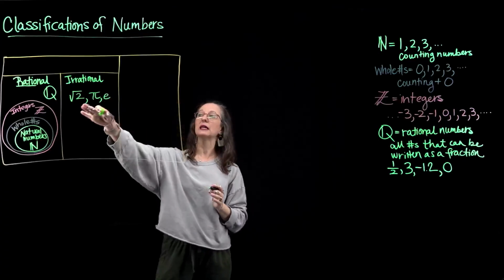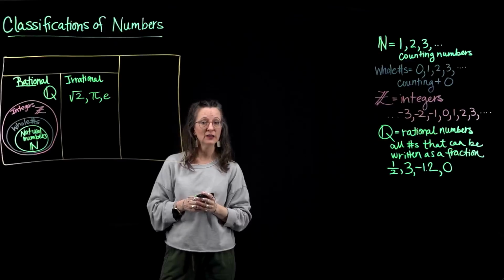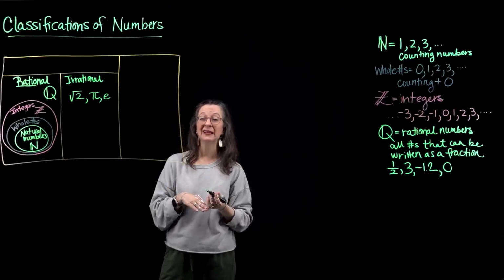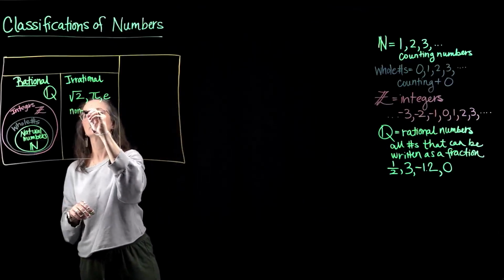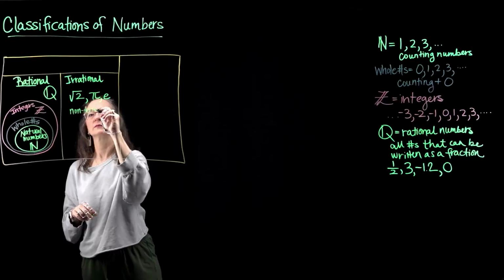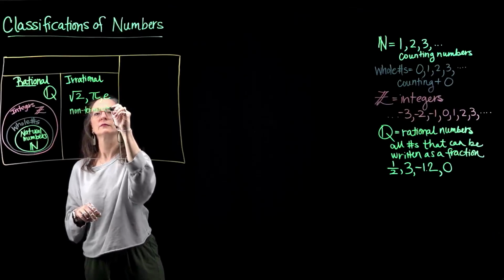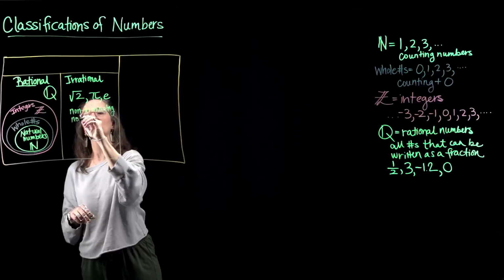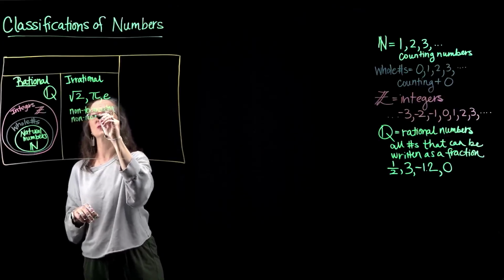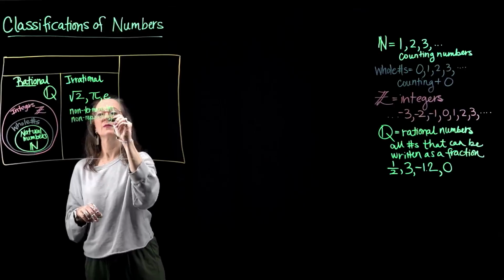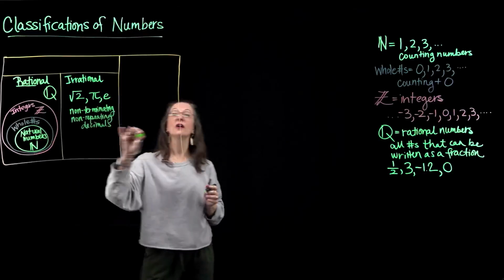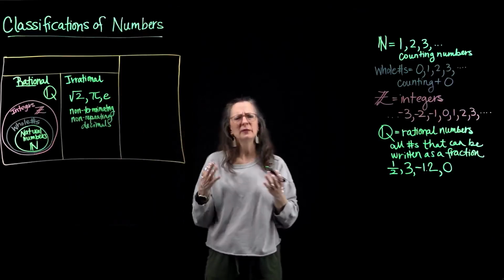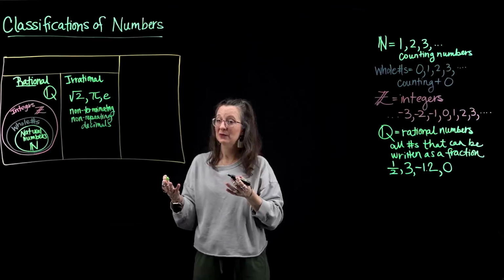So these are numbers that can't be written as a fraction. These are non-terminating decimals. And also non-repeating decimals. Okay, so these are our irrational numbers, and the main thing is they're not rational numbers.